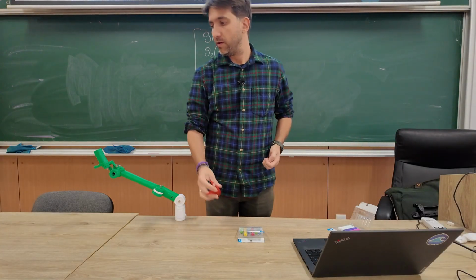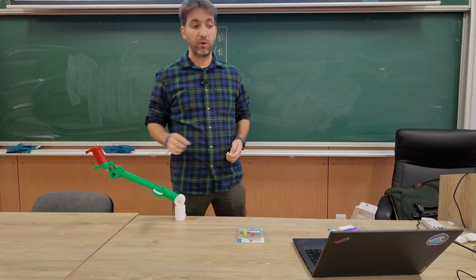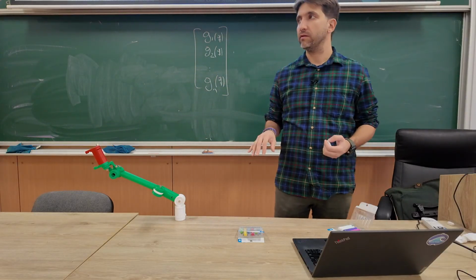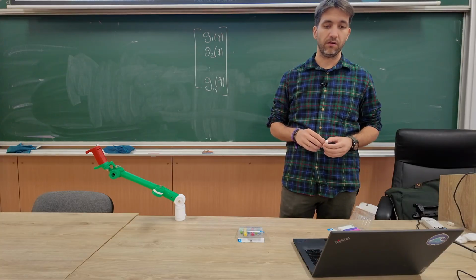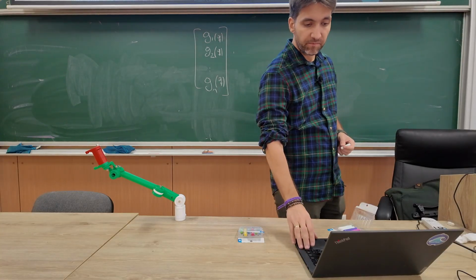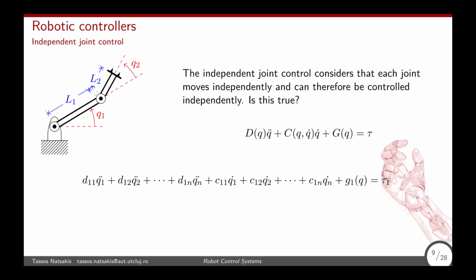So can we model them using independent controllers? Let's see. Let's have a look at a bit of the equations as well, so we get an idea of why joints don't move independently. So basically, this system of equations, if we expand it, it will be some equations of this form.